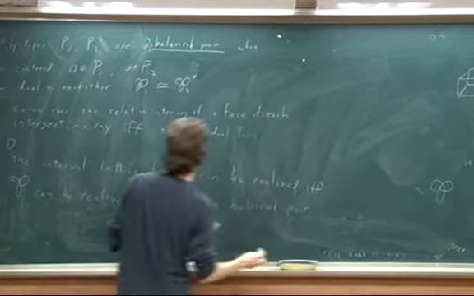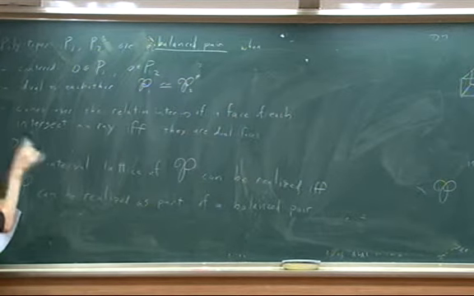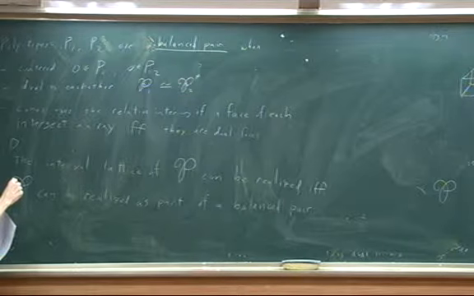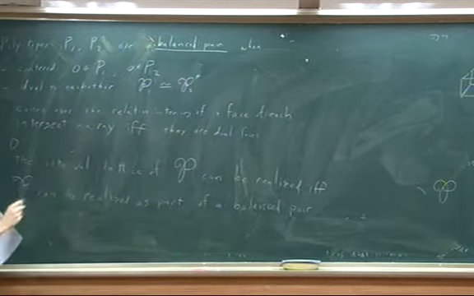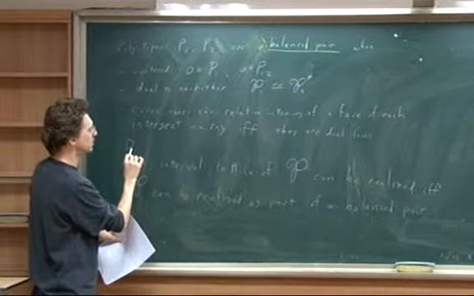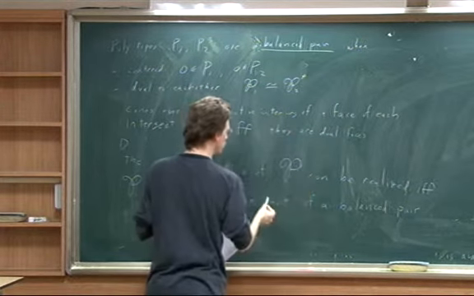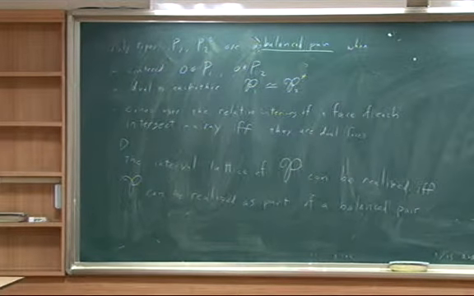And then I showed these are necessary and sufficient conditions. So this may not immediately seem to make the problem that much easier to solve. One of a balanced pair is two polytopes. So you can realize this as one of the two polytopes if and only if you can realize the interval lattice as a polytope.